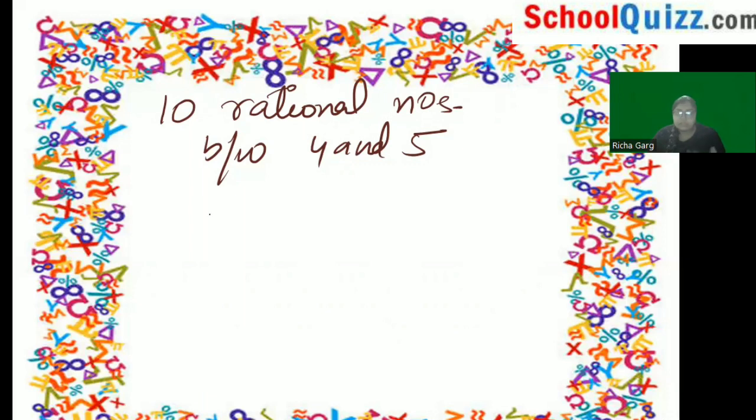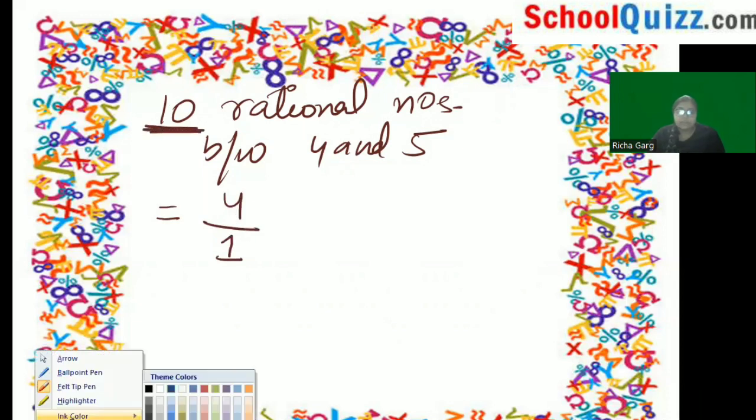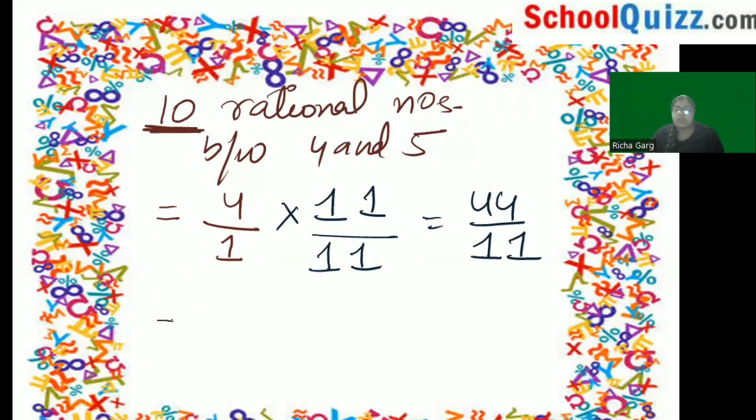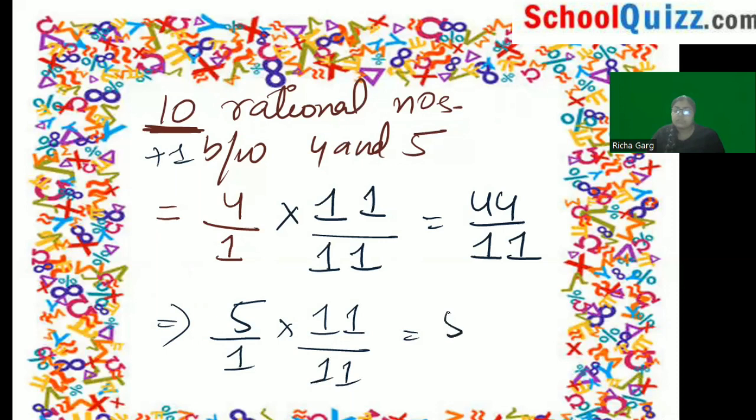So what I will suggest you to do is take 4 upon 1. We have to find 10 rational numbers here, so I will multiply the numbers with 11. So it will be 44 upon 11. Now the second number is 5, so I will multiply it again with 11, which will be 55 upon 11.